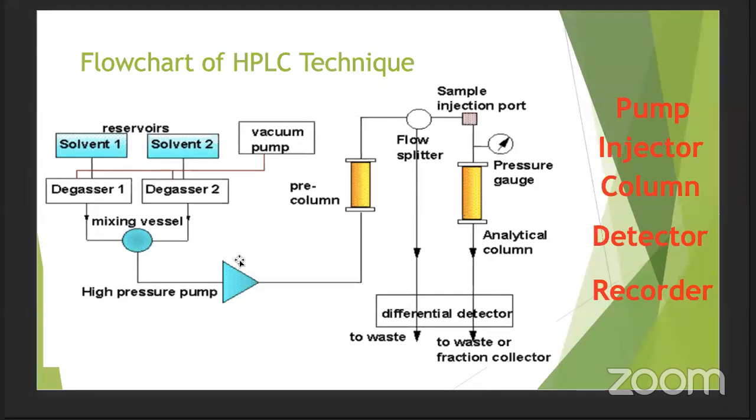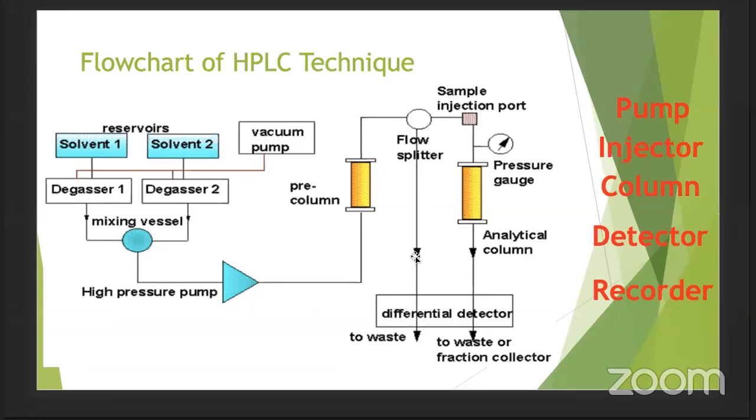Now, there is also a common problem that I want to discuss. In HPLC, there is a very common problem called back pressure. And there are two types of back pressures. One is low back pressure that occurs in new columns, whereas the other one is high back pressure, which occurs in old columns.